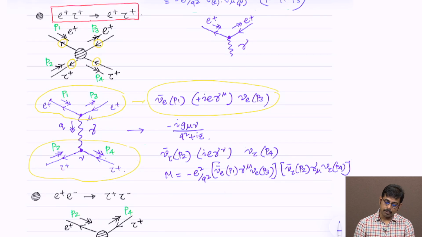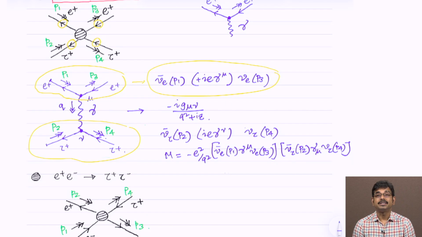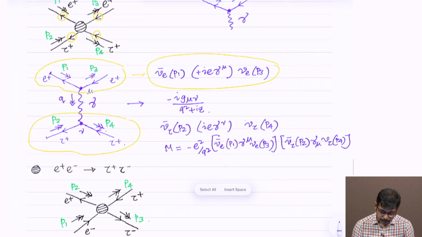So, this is how you have the matrix element or the amplitude for this particular process.